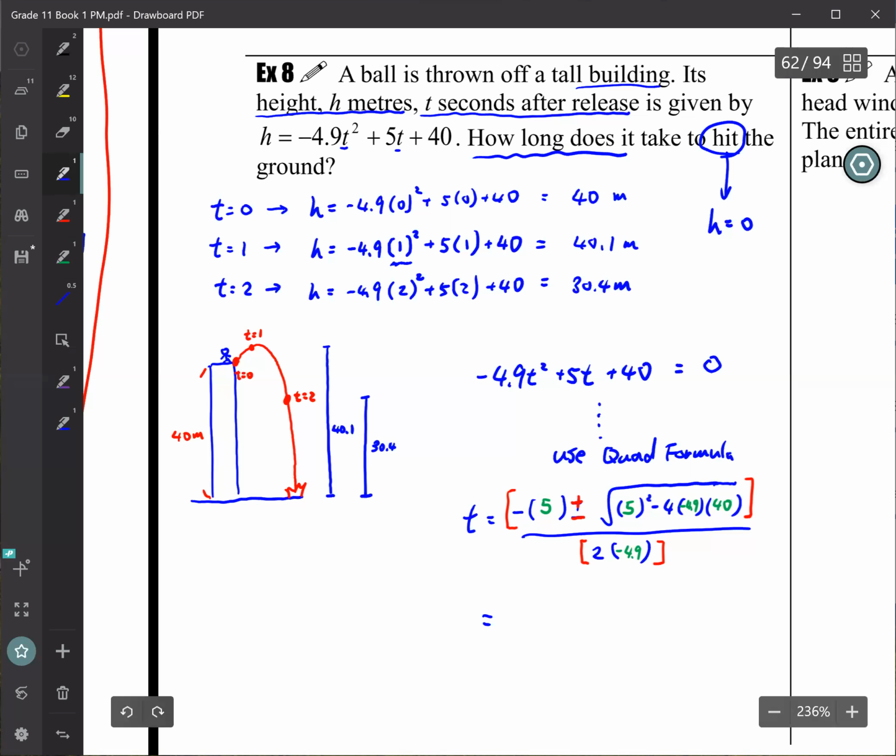Okay, let's check the number inside the square root first. Okay, Harry, can you tell us what you have inside the square root? I didn't calculate it yet. Okay, I'll wait for you. Let me know when you have it.